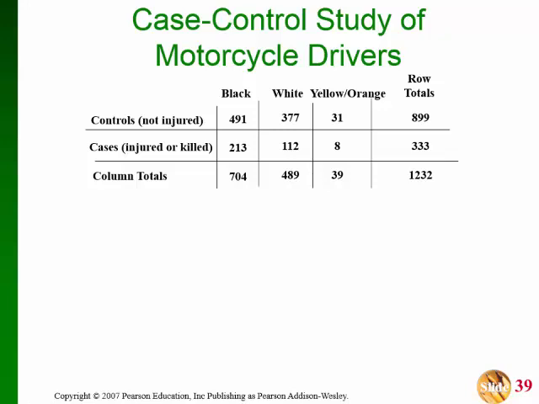It's a case control study of motorcycle drivers where they wear black helmets and white helmets and orange and yellow helmets. There are motorcycles that got into accidents where the drivers were not injured, and then there's another case where they were injured or killed in the motorcycle accident. So these are the values that they have.